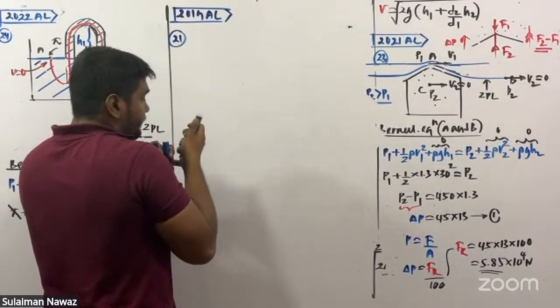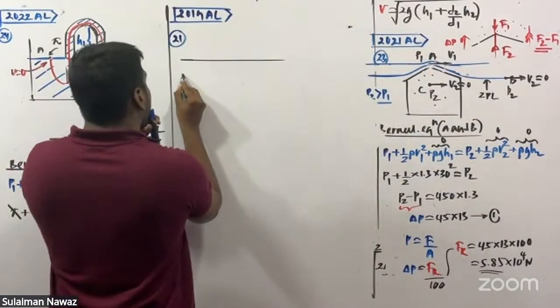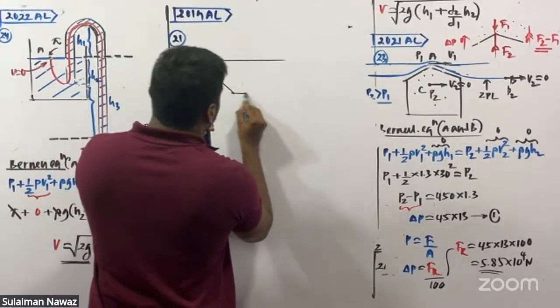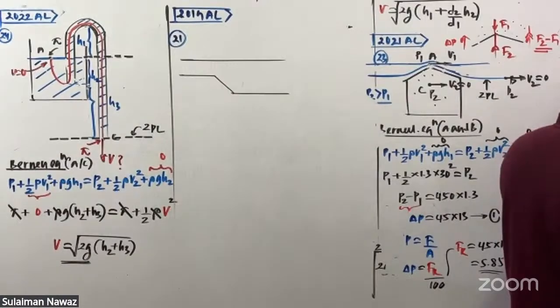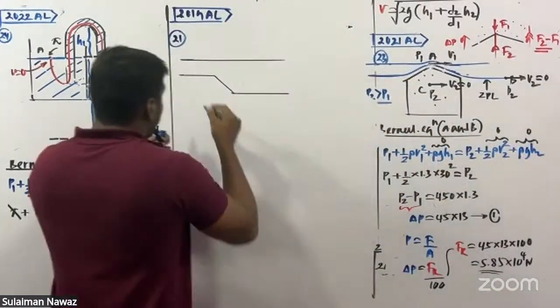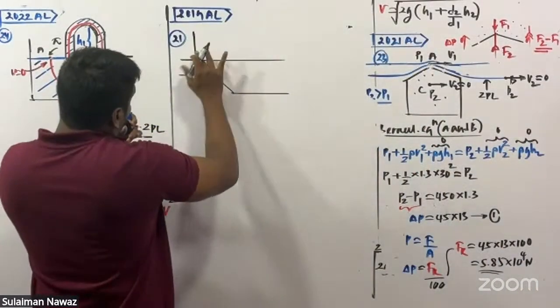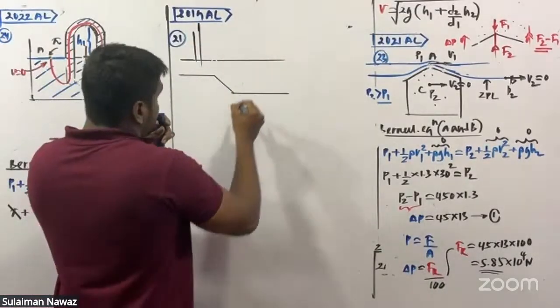The diagram. There are two vertical tubes. One tube is here and the other vertical tube is somewhere here.